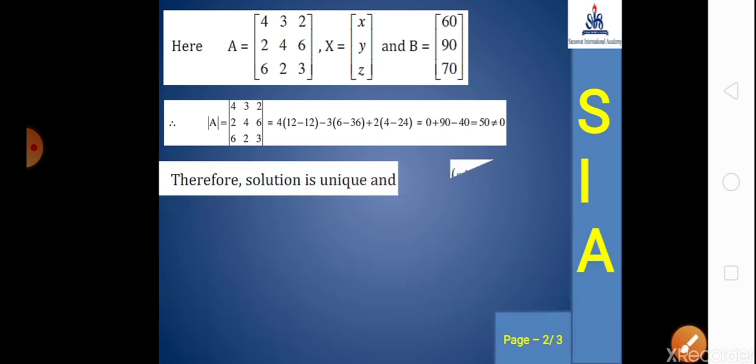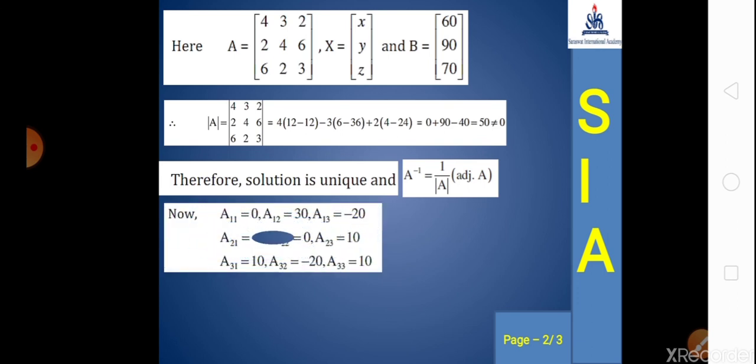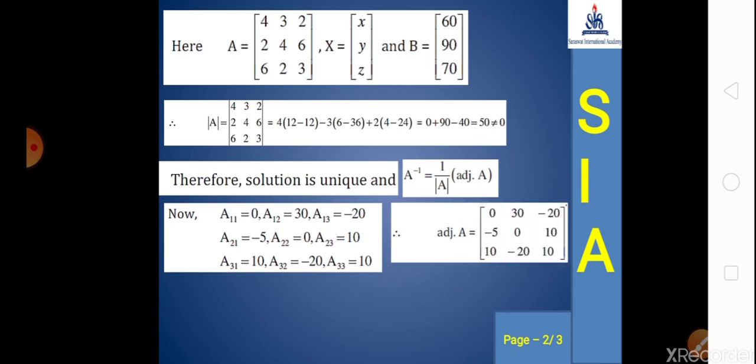So first of all, derive A inverse, 1 upon determinant A into adjoint A. Here for the adjoint, write A11 to A33 directly. Define all members one by one, put them in adjoint form and take the transpose.